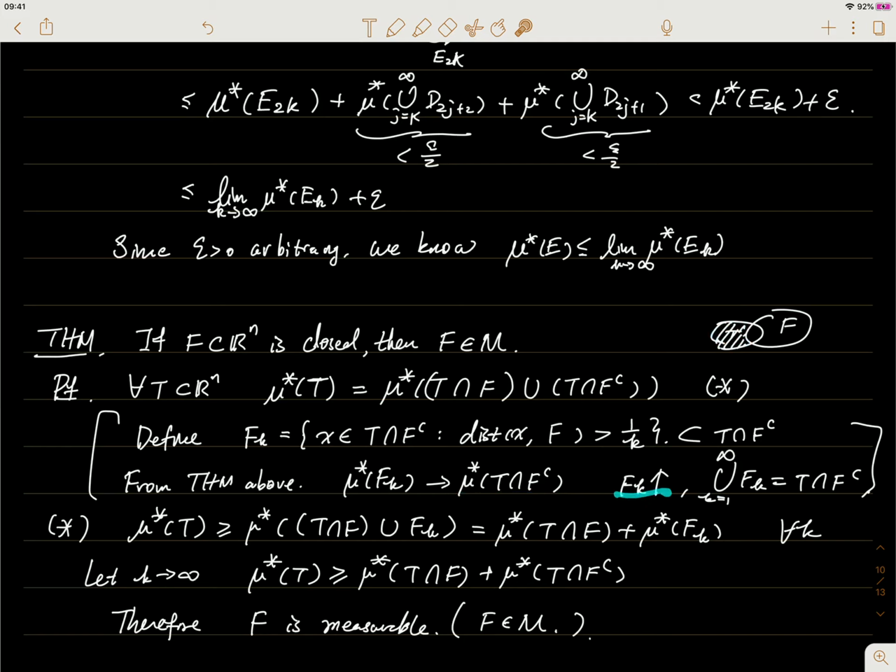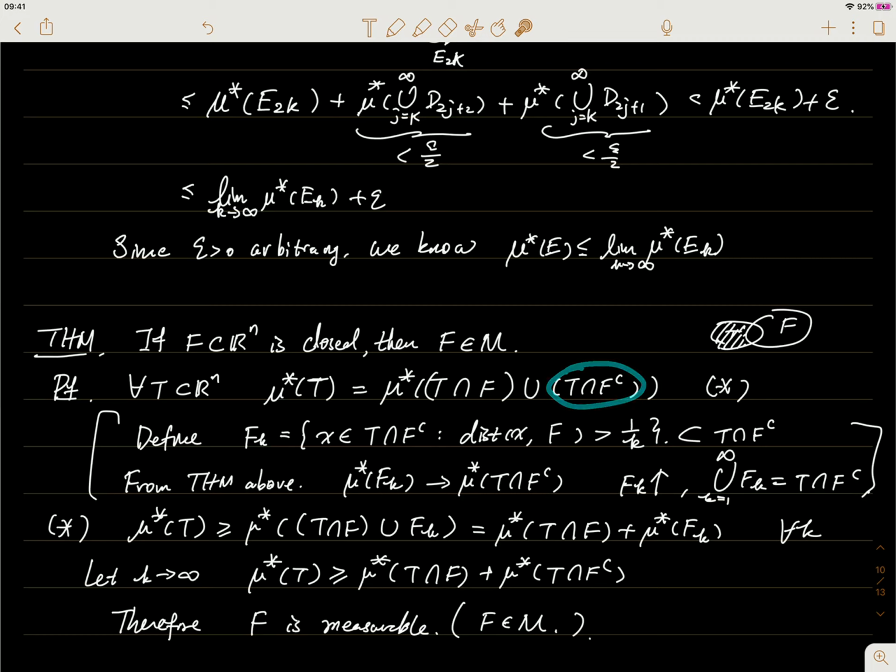And this set is increasing. When we increase k, this 1 over k will decrease. So it's increasing, and the union of the F_k eventually will become the shaded area. We're going to use this mostly below. Once we have this gradually increasing or inflated F_k, we can see that F_k is a subset of that.